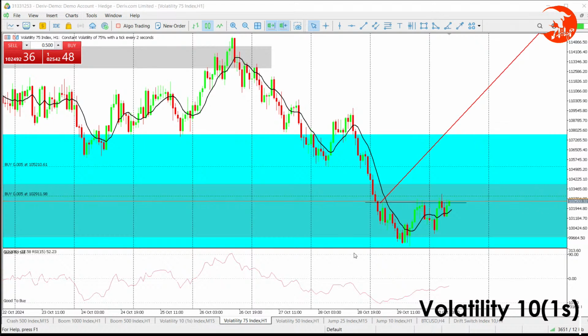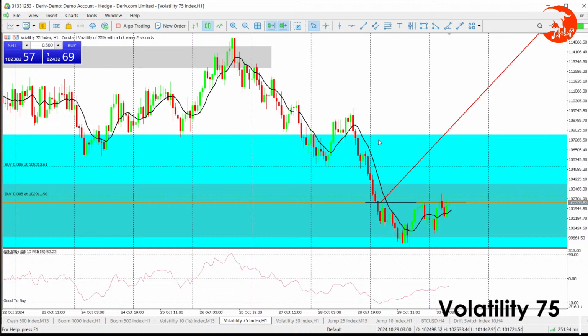There. So V75, there's V75 there. Now those who remember I entered this asset when you see, so that was the first move, took my profits there.